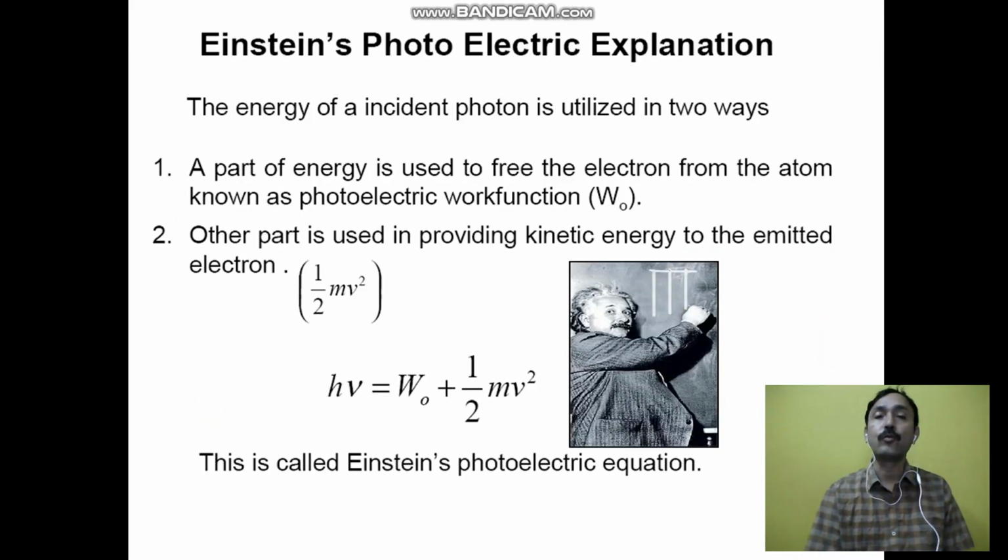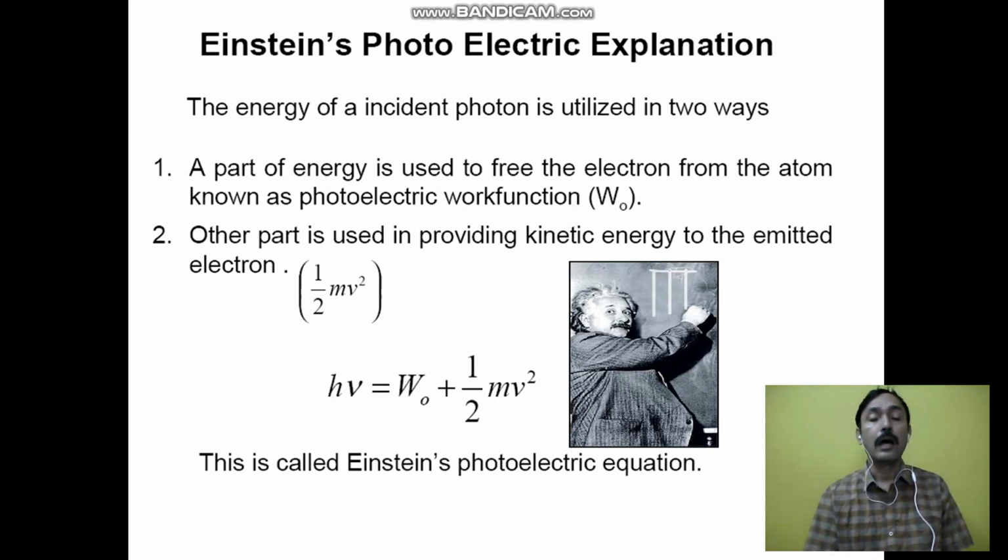Explanation of photoelectric effect by Einstein, or Einstein's photoelectric explanation. The energy of an incident photon is utilized in two ways. Number one, part of energy is used to free the electron from the atom, known as photoelectric work function, and denoted by W naught.